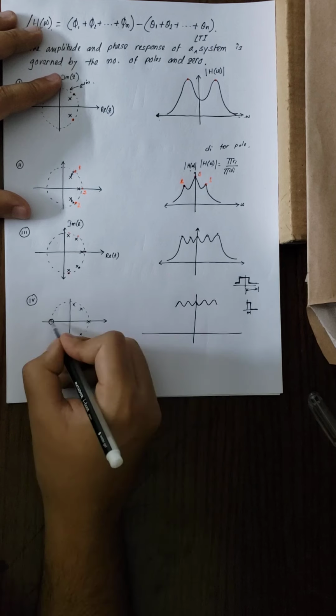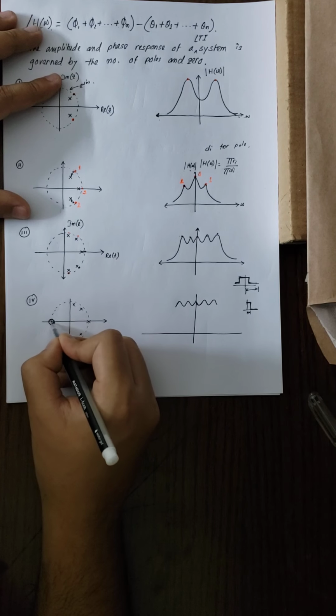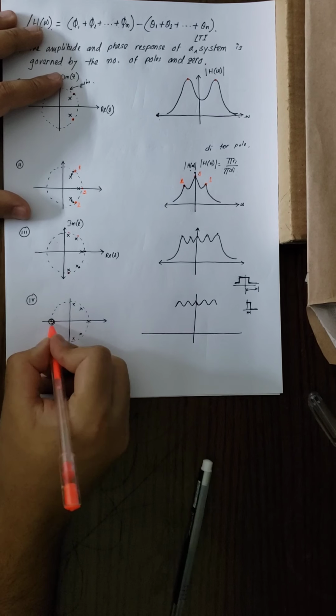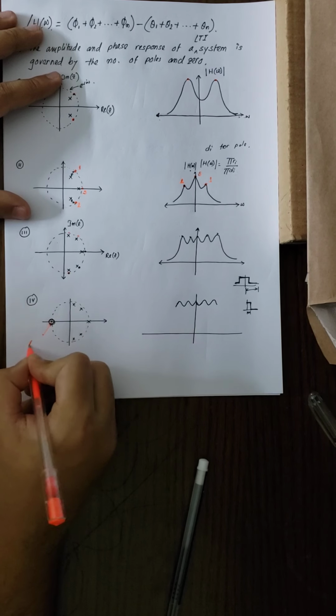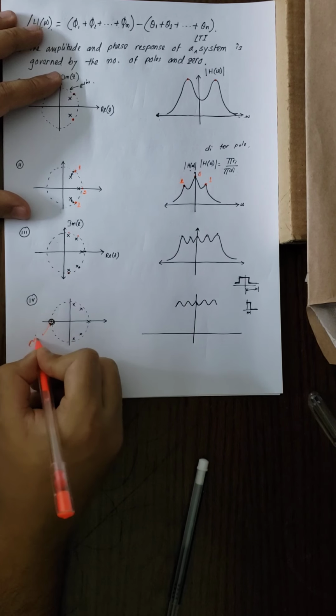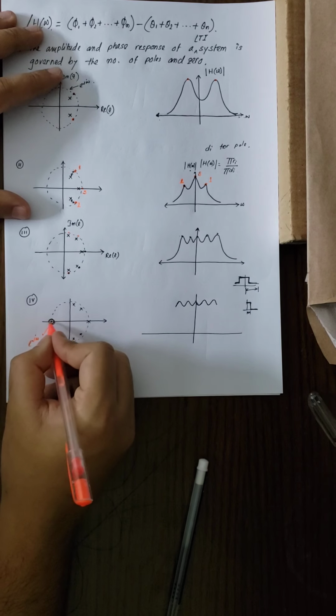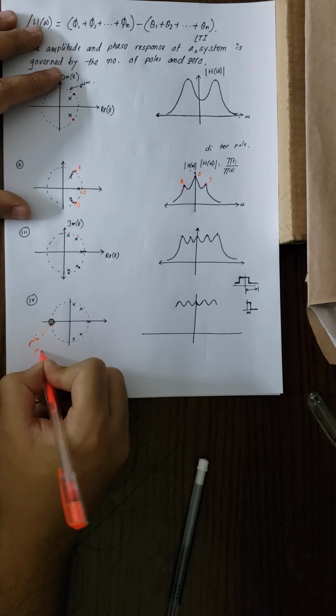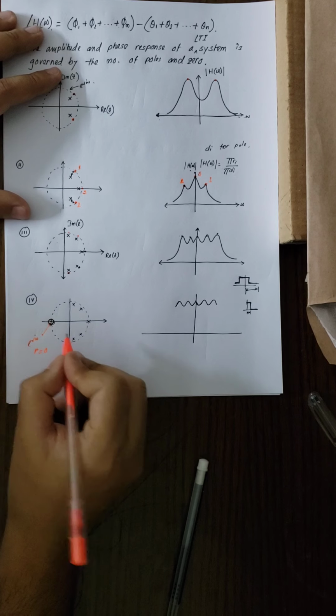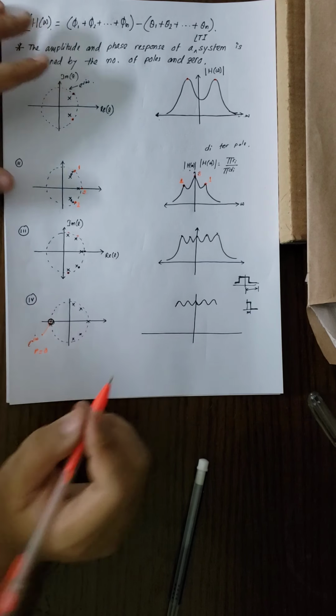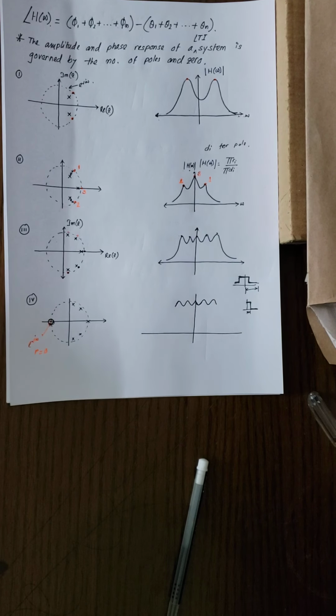What will happen if we add a 0 at this point is, if we consider omega at this specific point, e to the j omega at this point, the distance from the 0, that is r, will be equal to 0, because at this point the 0 is occurring on the circumference of the unit circle.